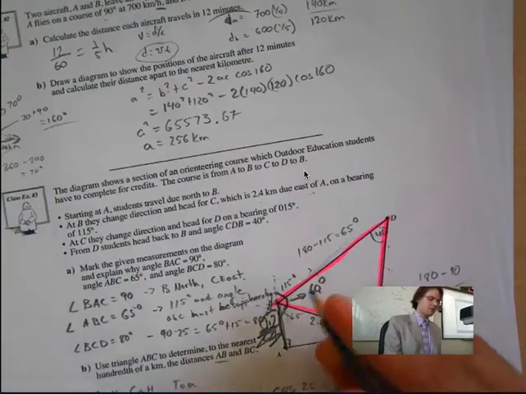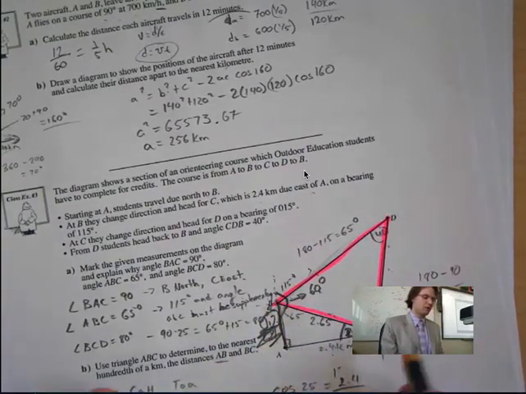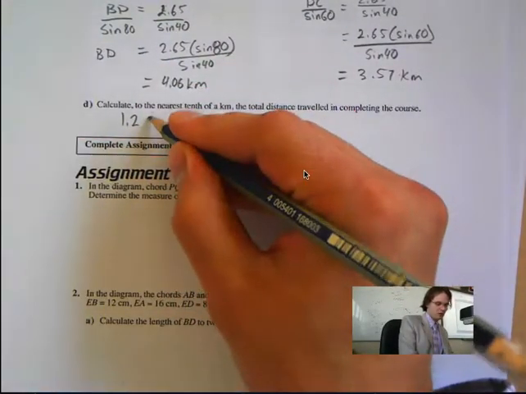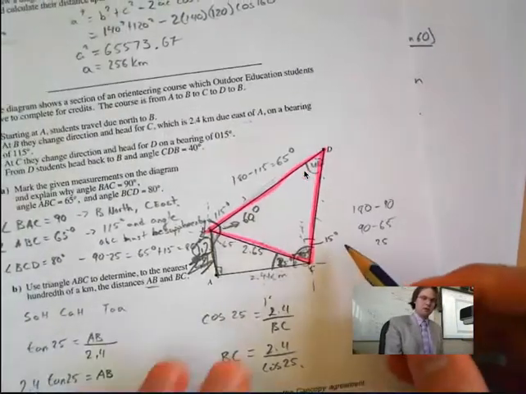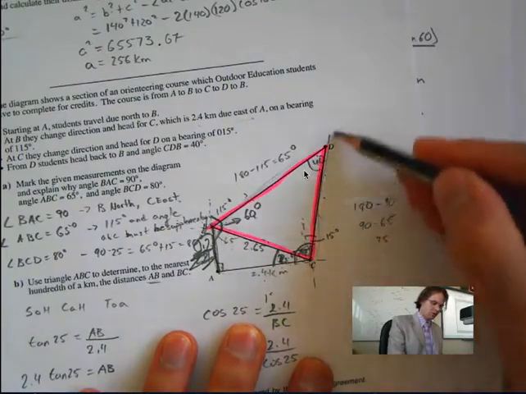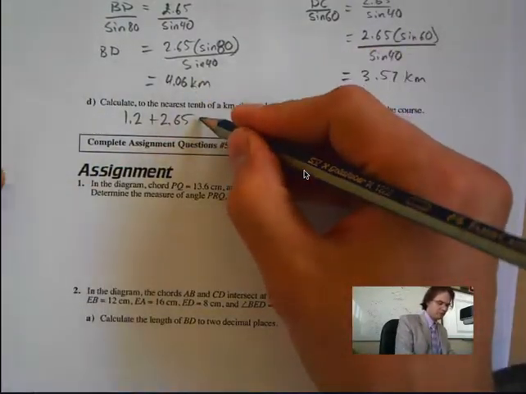We found AB, which is 1.2. They did 1.2 kilometers, then they did 2.65. Let's put that in. 1.2 plus 2.65, right? Then they went this way here. We found out DC is 3.57.